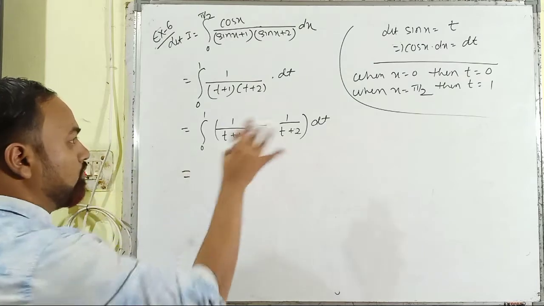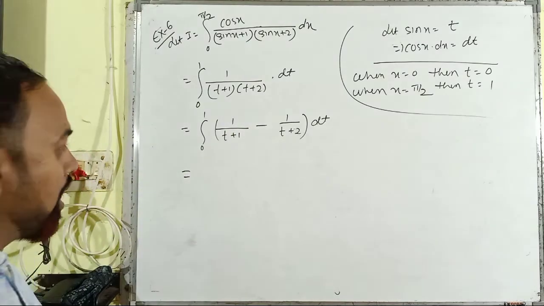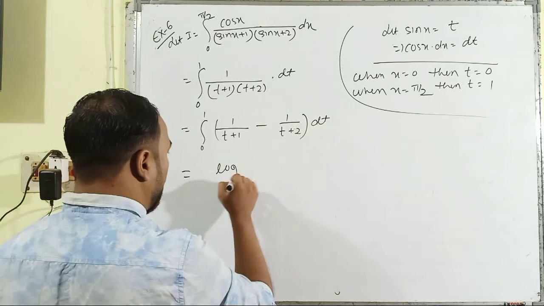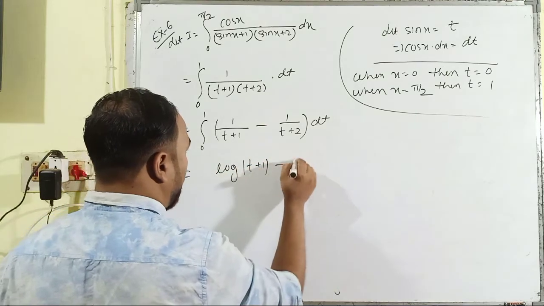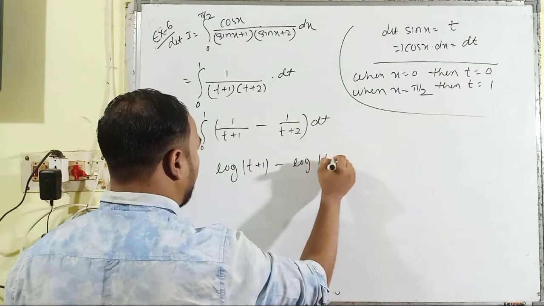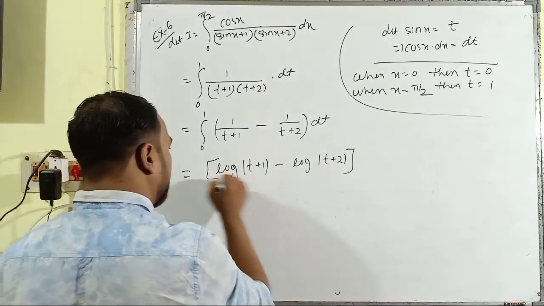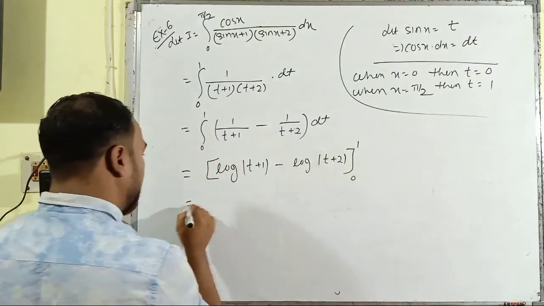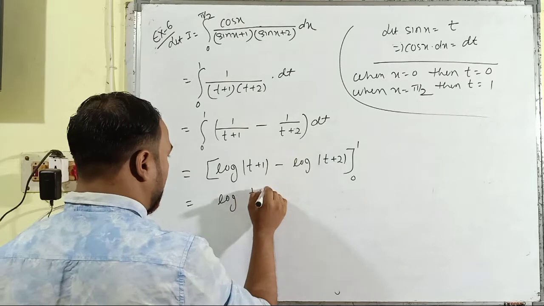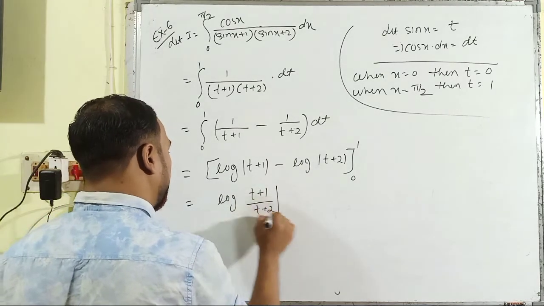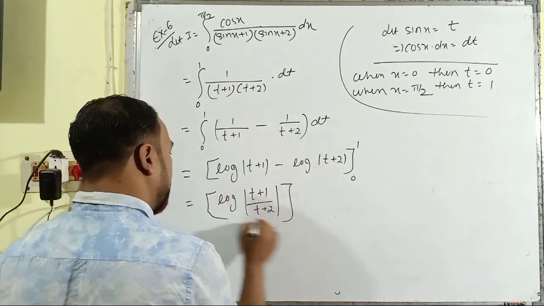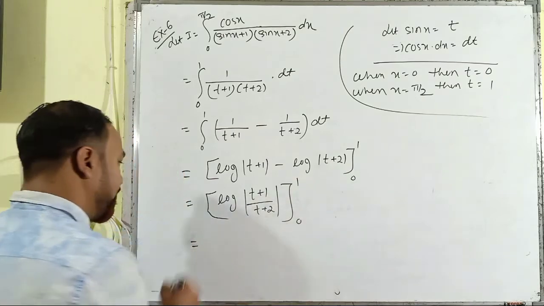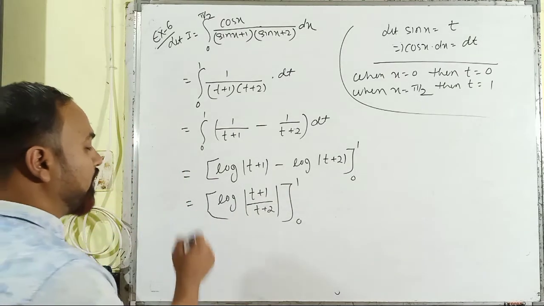Then just integrating both 1 upon t plus 1 and 1 upon t plus 2, we can have log t plus 1 minus log t plus 2 from 0 to 1. It is log of t plus 1 divided by t plus 2 from 0 to 1.